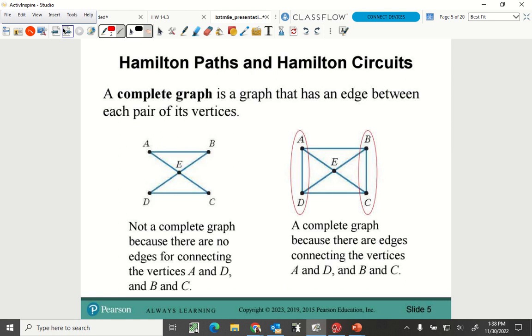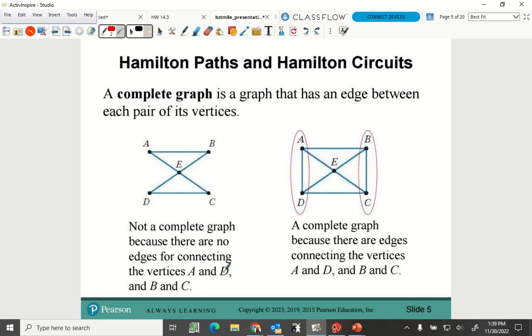It says not a complete graph because there are no edges connecting the vertices A, D, B, and C. It says right here that this is a complete graph because there are edges connecting the vertices A, D, B, and C.